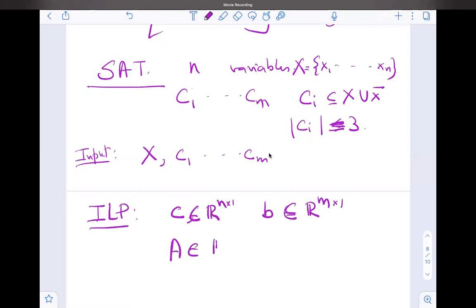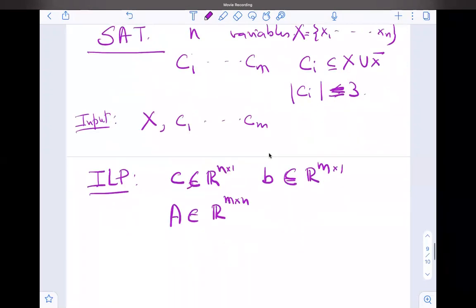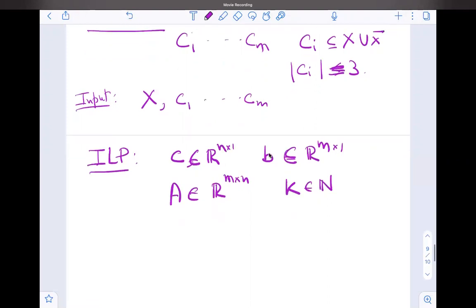A is in R to the power m cross n, and a value k, which is in N. This is the input: two vectors, one matrix and one number.